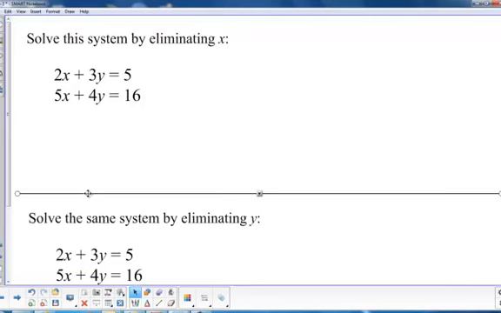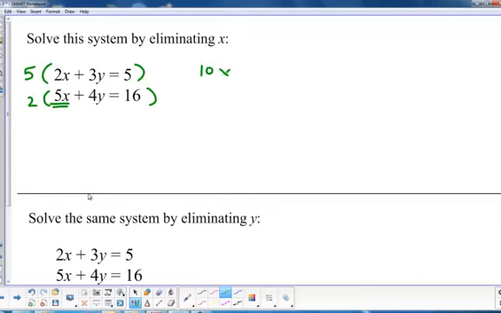All right, next we're going to see that we can't just multiply the top. We have to multiply both. Okay, so I'm going to look at my x's. I'm going to make them both a 10. So I'm going to multiply this by 5 and this by 2.